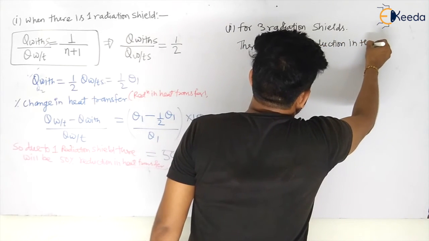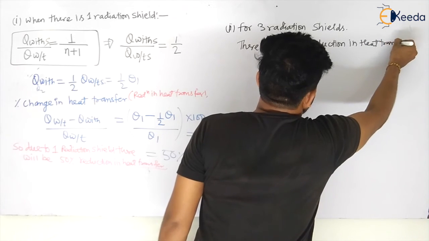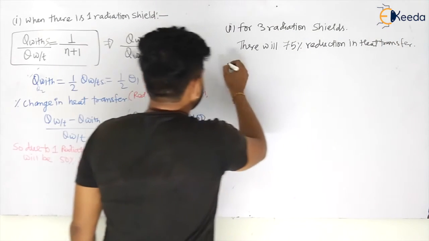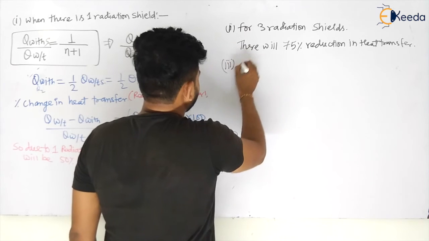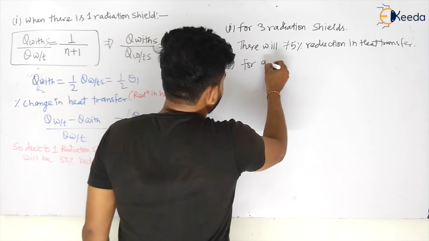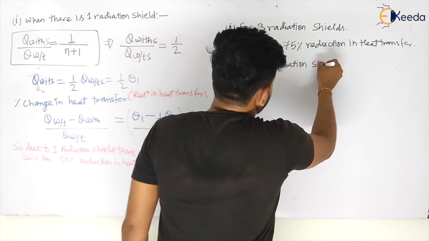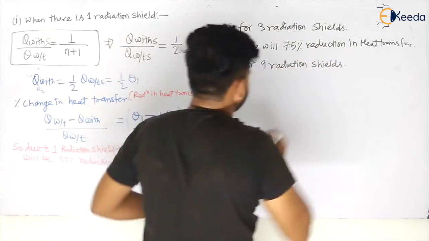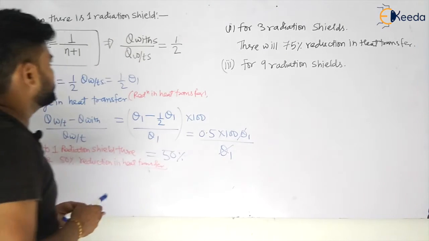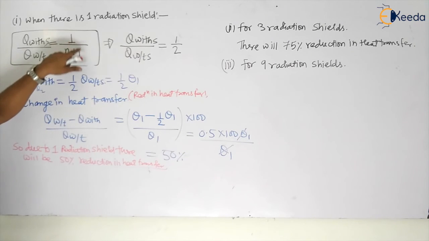Reduction in heat transfer, my dear students. So for the third case, for 9 radiation shields, what will be the heat transfer? If I am using 9 radiation shields, that will become 1 upon 10. So 100 upon 10 will be 10.